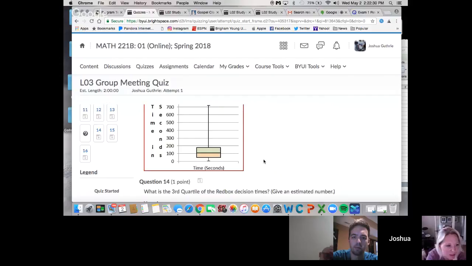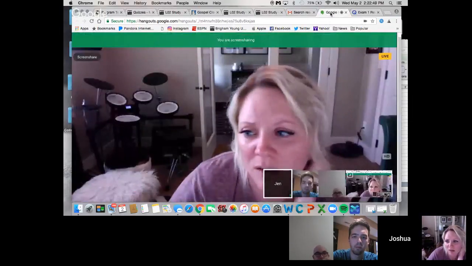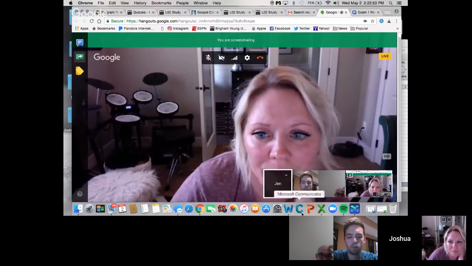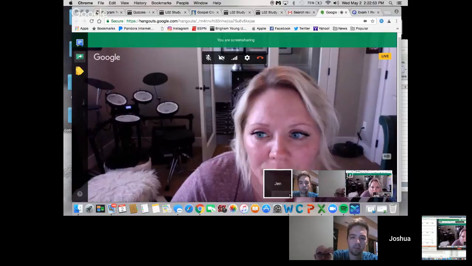Okay. Because it says draw a line from the left side of the box to the minimum, and draw another line from the right side of the box to the maximum. So yes, it's the minimum. I don't know if you can see my screen. Am I sharing it? Hold on. All right, can you guys see my screen?